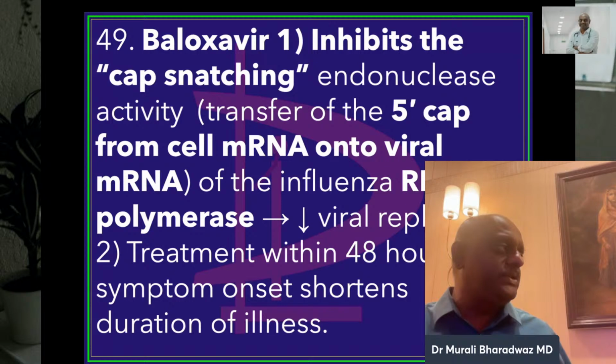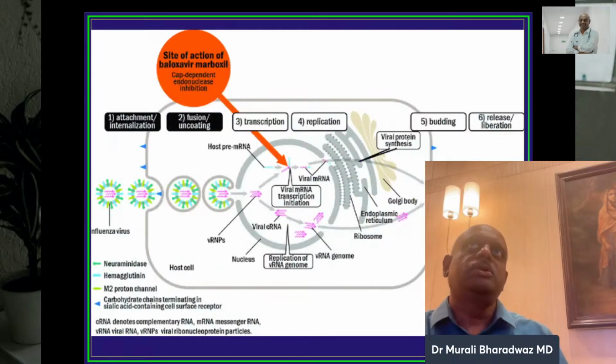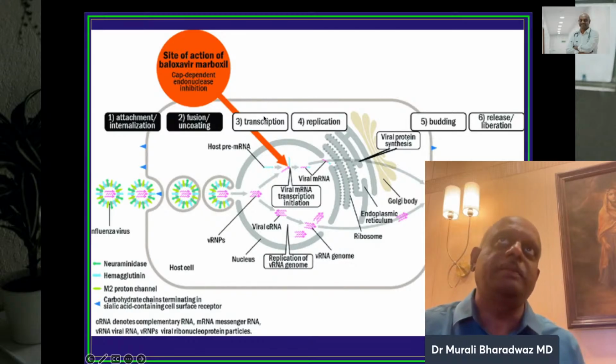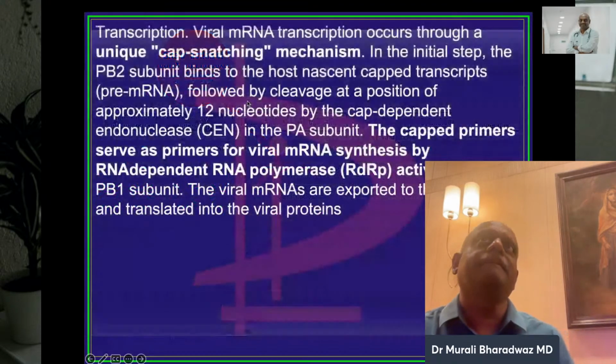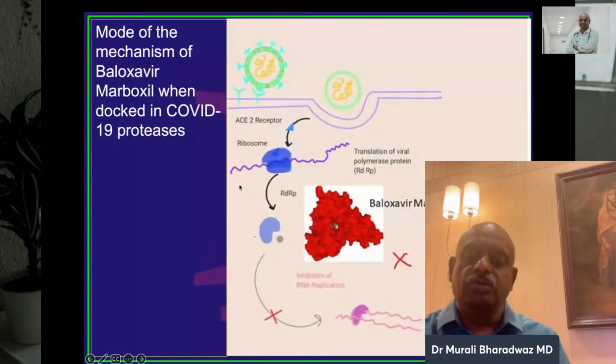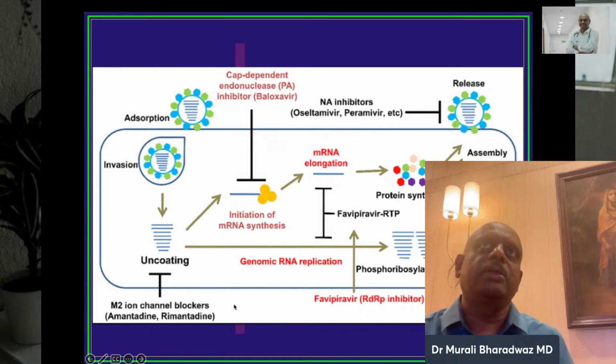These all come in an entrance exam. That time you should remember. Right. Treatment within 48 hours will help, even baloxavir. So this is the site of action where the cap snatching endonuclease is inhibited by baloxavir. So this is called a cap dependent endonuclease inhibitor called baloxavir. So here you have all the activity. Neuraminidase inhibitors are oseltamivir. Then you have a cap dependent endonuclease inhibitor.